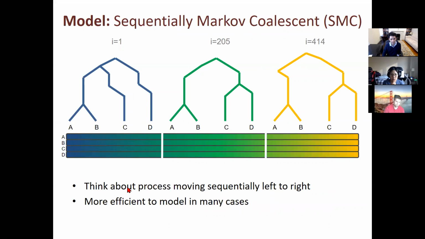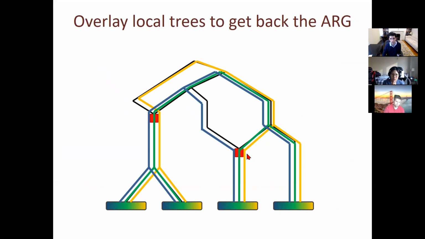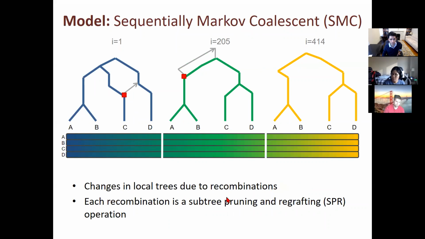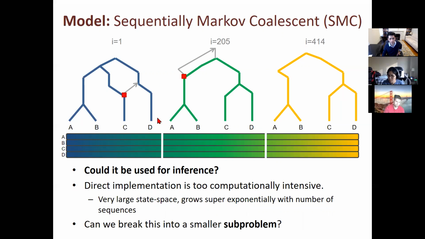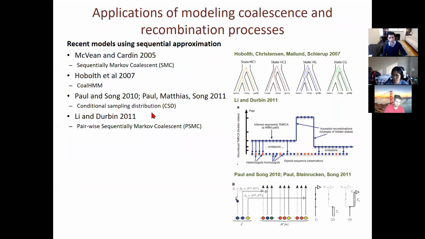So what we can basically think about is this process of coalescence moving sequentially from left to right on the genome and modeled according to each of these recombination events. So every recombination event basically leads to a change in the topology. And we can basically use this to infer the specific set of recombinations that occurred between any set of individuals.